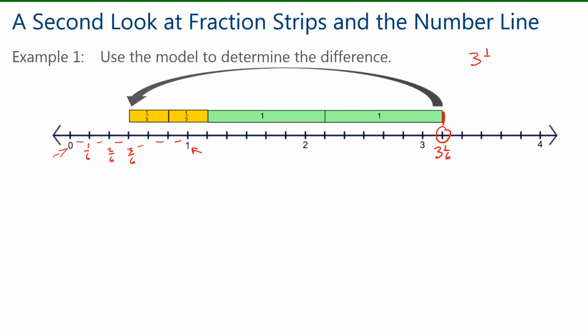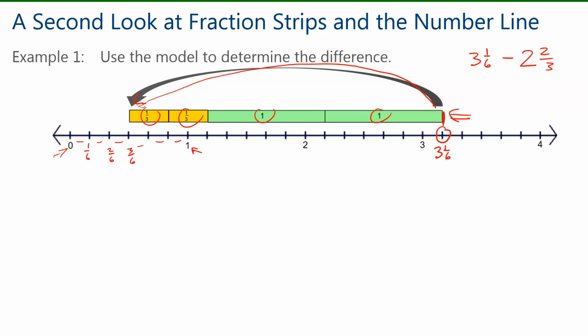That gives me my minuend. That's the first mixed number I'm dealing with. And what am I subtracting? What am I taking away? Well, for that, I look at my fraction strips that have been laid down. And I have 2 wholes, so I'm subtracting 2 wholes, and I have 2 1/3 strips, so that's 2/3.